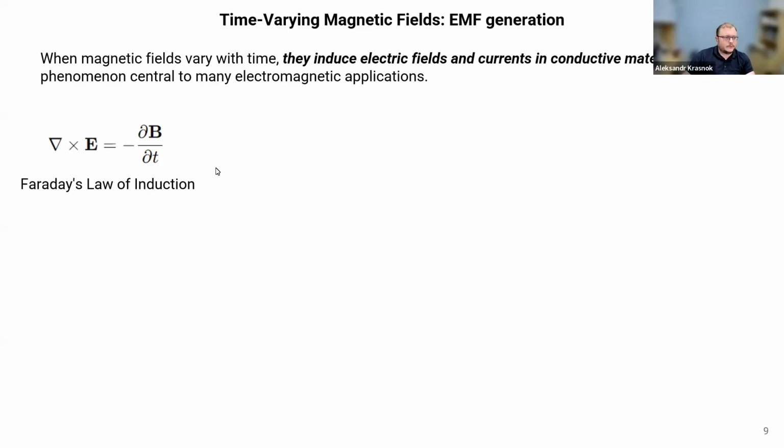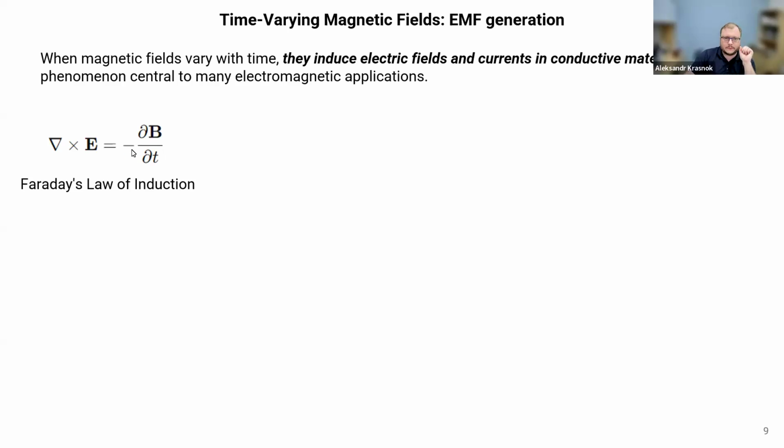Again, we start from Faraday's law of induction. Here we assume that this right-hand side is not zero, but acquires some values. So this is the rate of change of magnetic field in time.